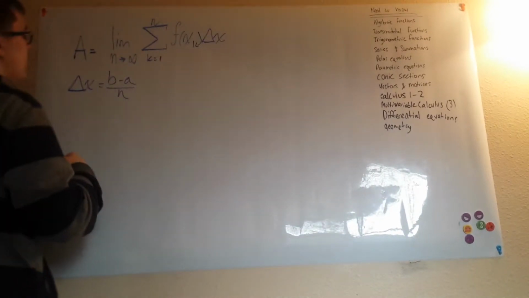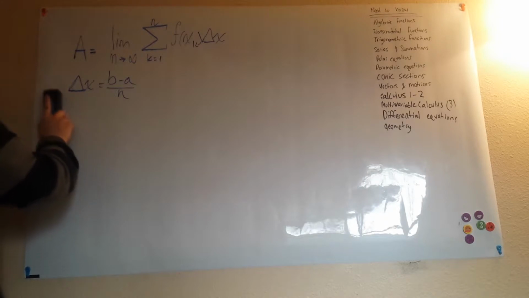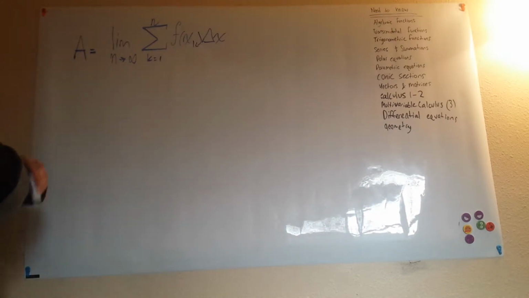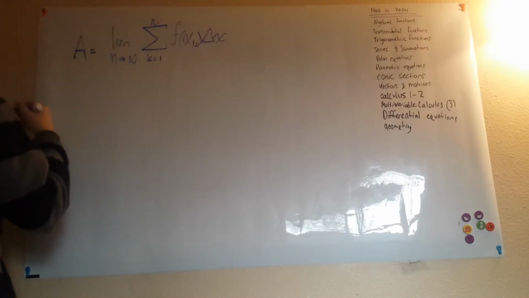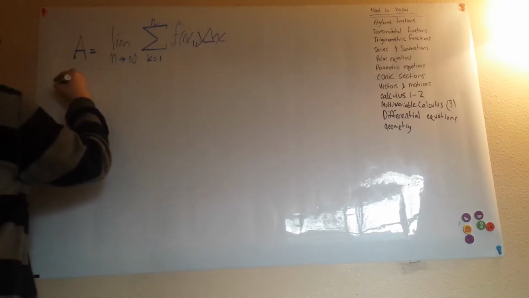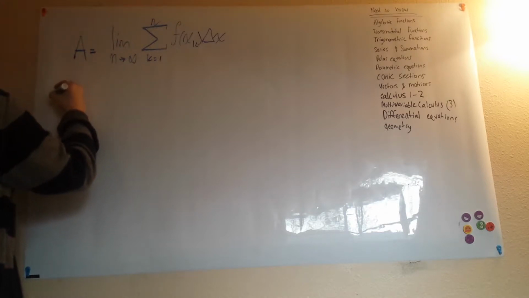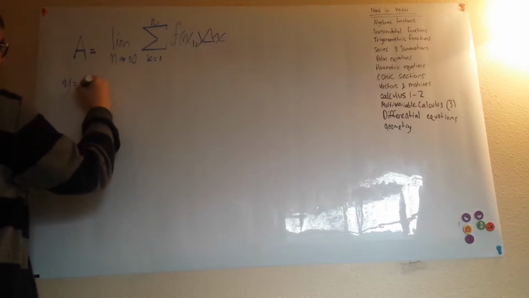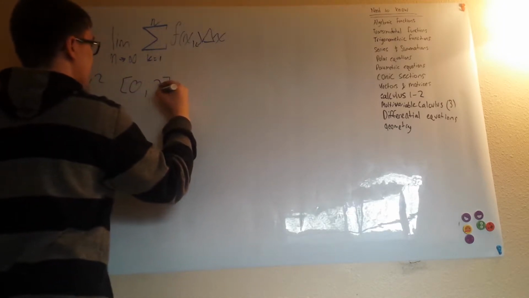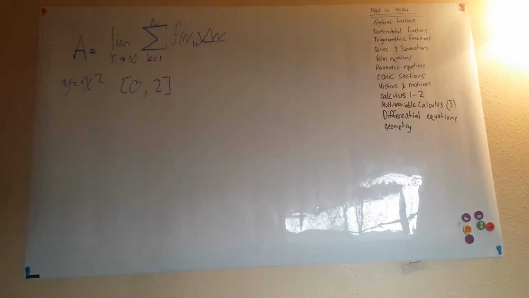The most classic example. We're trying to find the area under y equals x squared from 0 to 2.